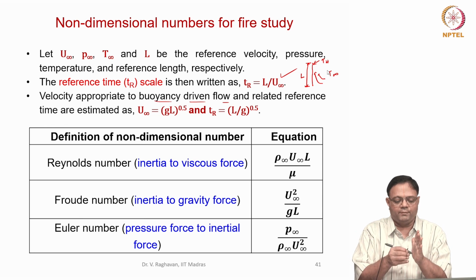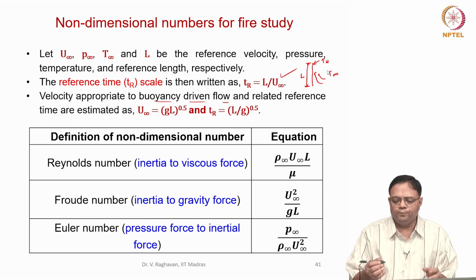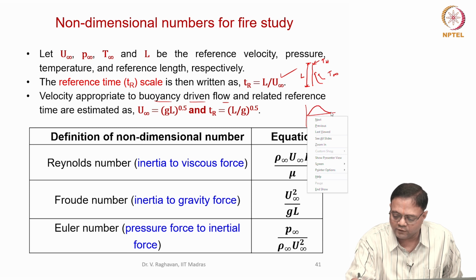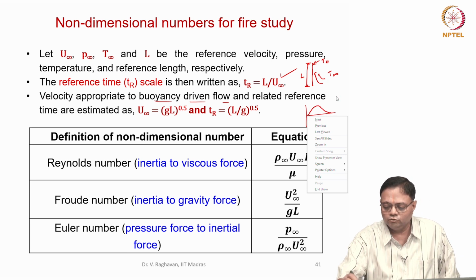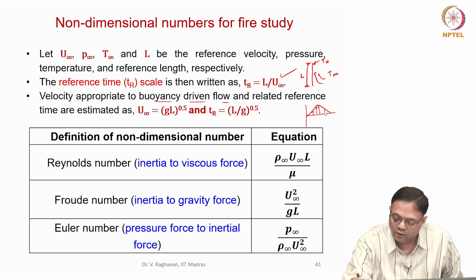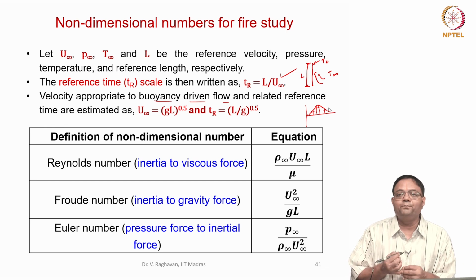So the cold air from the ambient comes in and a flow is induced. If you plot the velocity profile, the velocity is 0 at the wall, it also goes to 0 on the ambient side, and it produces a maximum value at a particular distance from the surface of the plate.